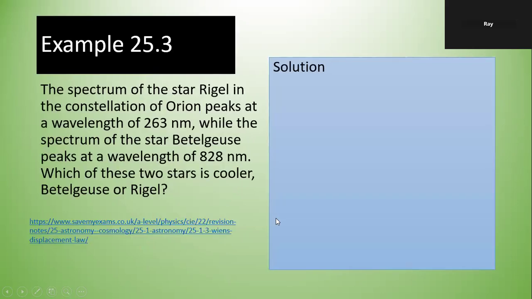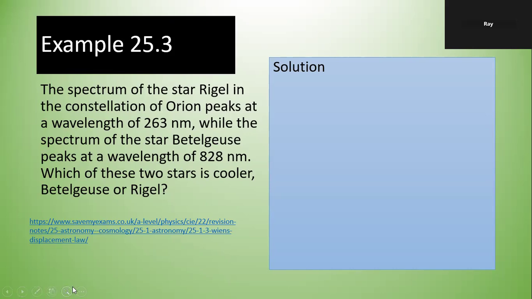Okay, do a calculation. The spectrum of star Rigel in constellation Orion peaks at a wavelength of 263 nanometer, and the spectrum of star Betelgeuse peaks at a wavelength of 828 nanometer. Which of the two stars is cooler?